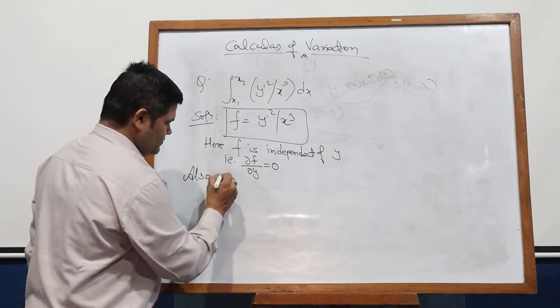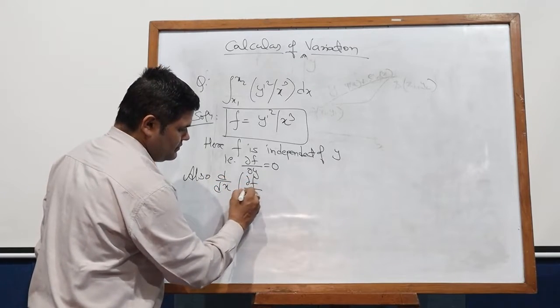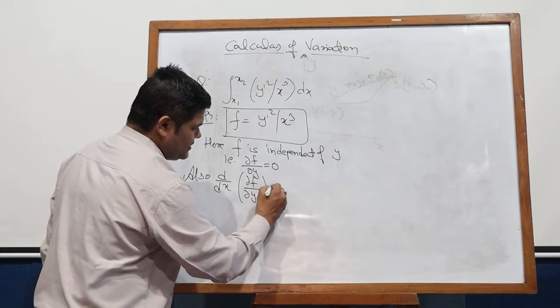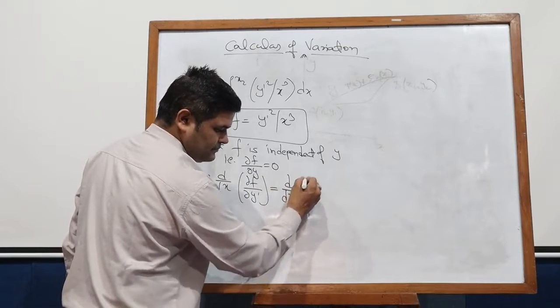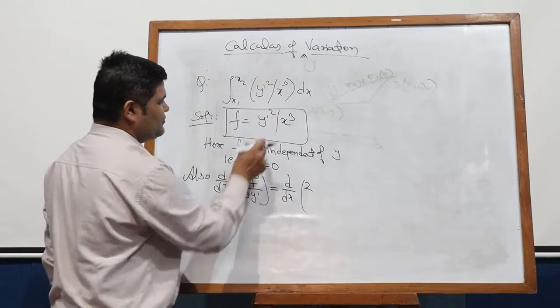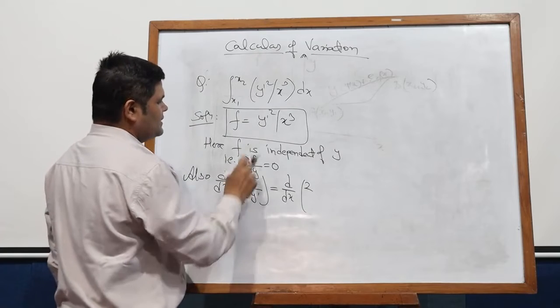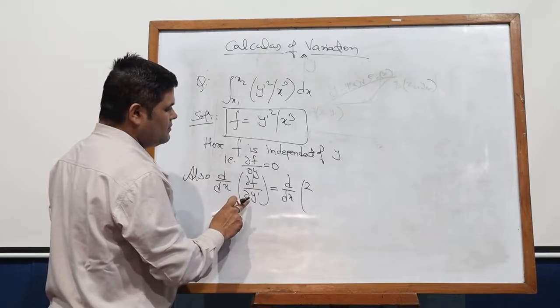Also, d upon dx of del f upon del y dash is equal to d upon dx of this function, but we have to differentiate it with respect to y dash. This is the function, and this is the differentiation of f with respect to y dash.